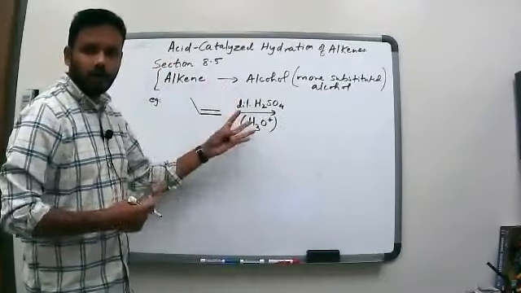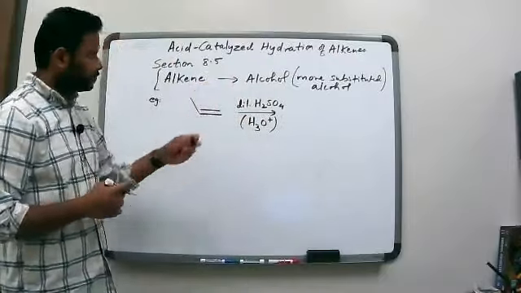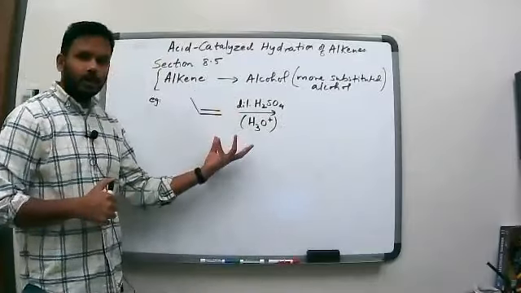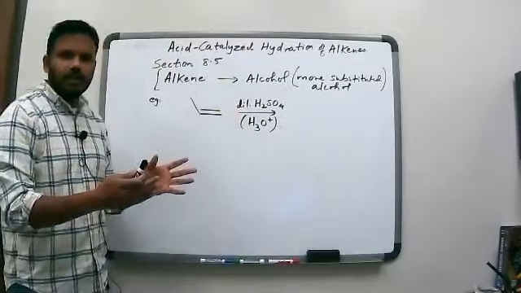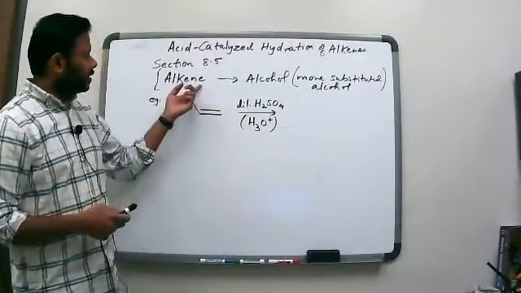So we have a lot of water and a proton to resemble the acid. We take an alkene, and we're doing a hydration on it. Hydration means addition of water, so essentially what we're adding is water.